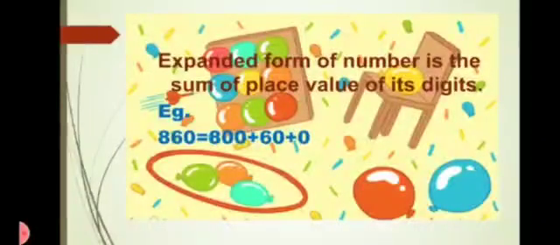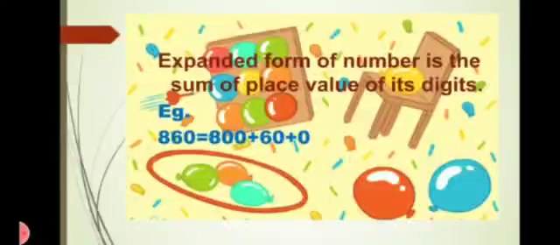Now the expanded form of a number is the sum of the place values of its digits. Example, say we have the number 860. So 860 in expanded form will be 800 plus 60 plus 0, because we have how many hundreds? 8 hundreds.